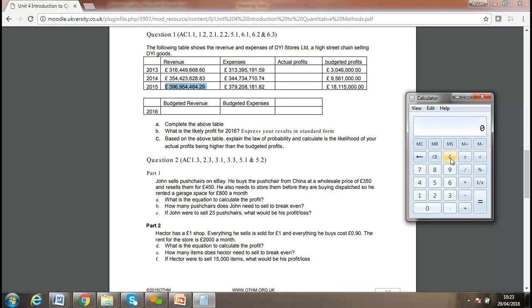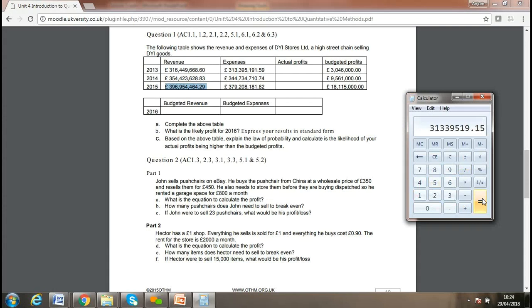So expenses we have 344,734 minus 313,591.59.